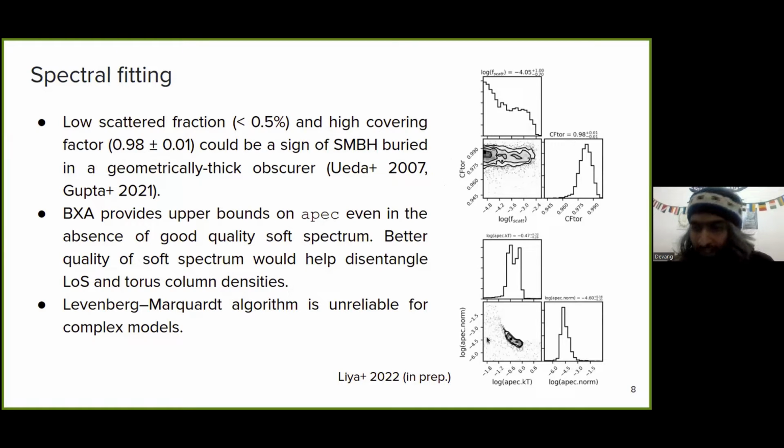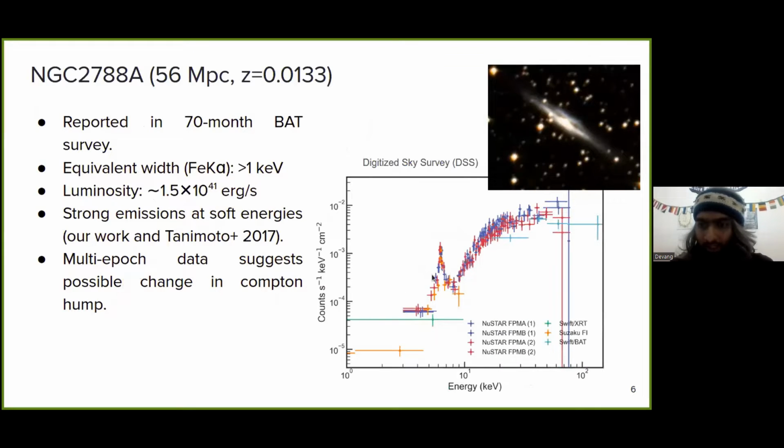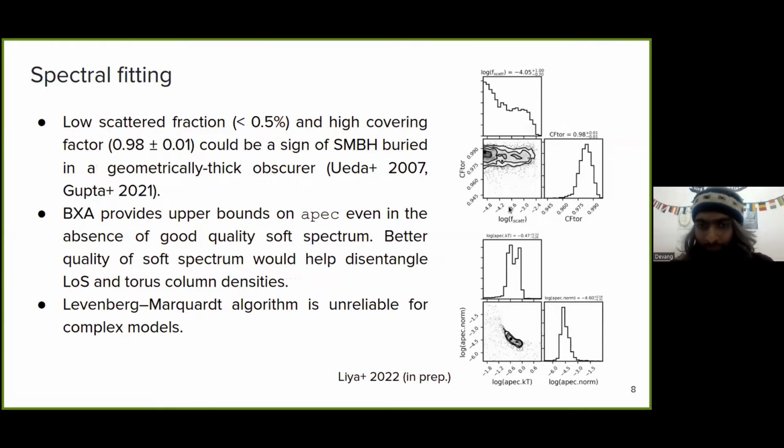We also find that our data at soft energies is not that good when you compare it to some of the NuSTAR data here. But using BXA, we were able to at least find some lower bounds and upper bounds on these components. In the corner plot, you can see that you can rule out this region of the parameter space.